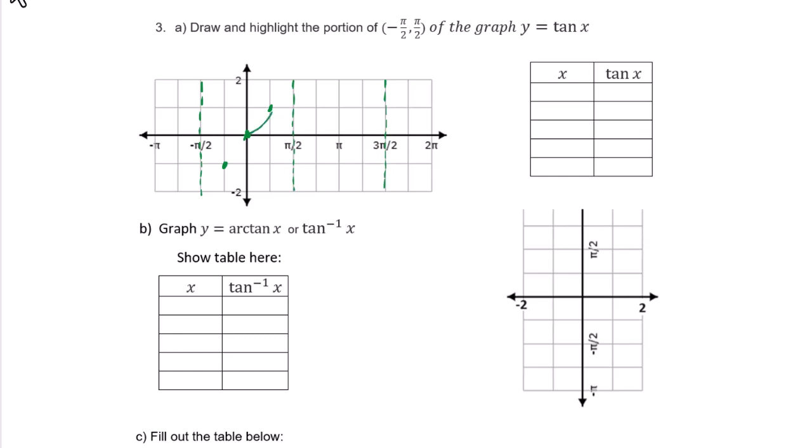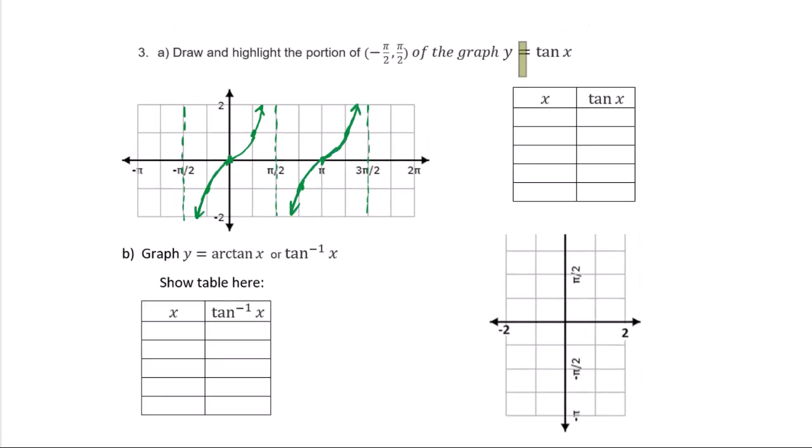Then you sketch the graph like this. In order to get the inverse of tangent x, we need to restrict the domain from -pi over 2 to pi over 2. Let's highlight this portion of the graph.